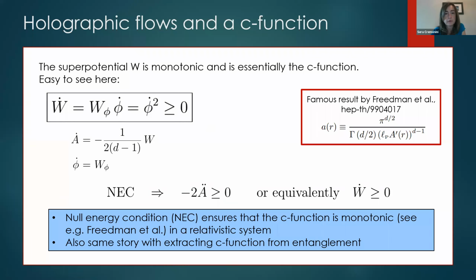Another thing to note is that if you compute the null energy, if you assume that the matter in the theory satisfies the null energy condition, you get a constraint on the sign of A double dot. And in turn, that shows you that W dot will have to be positive. So the null energy condition ensures that W is essentially monotonic.